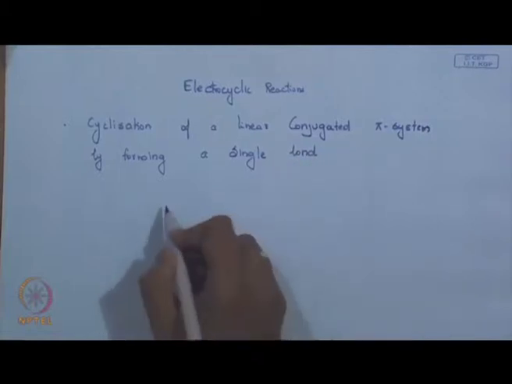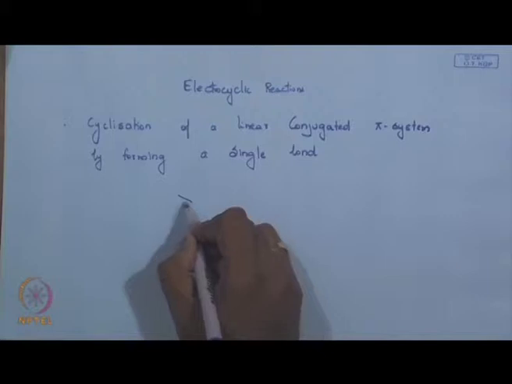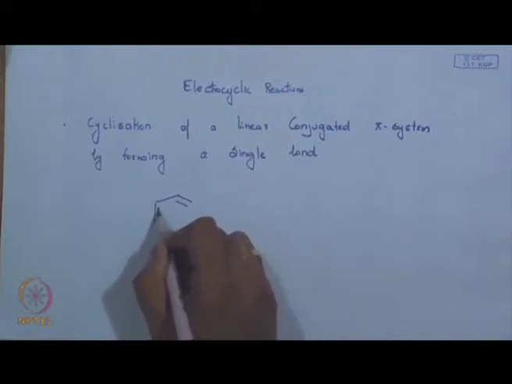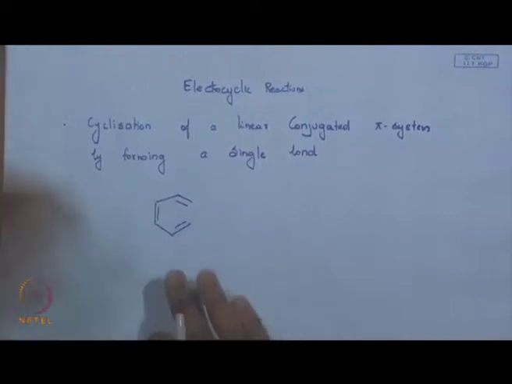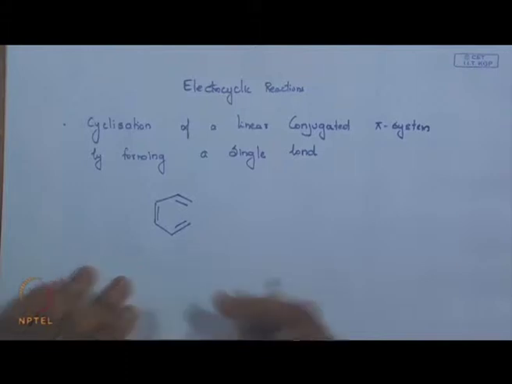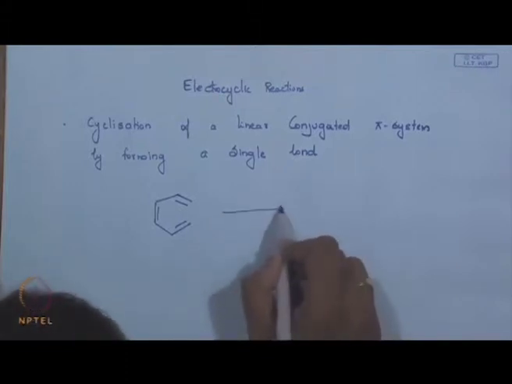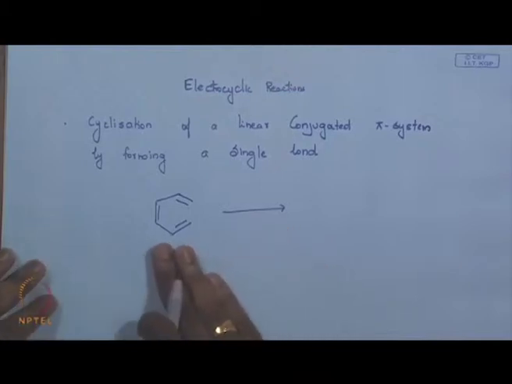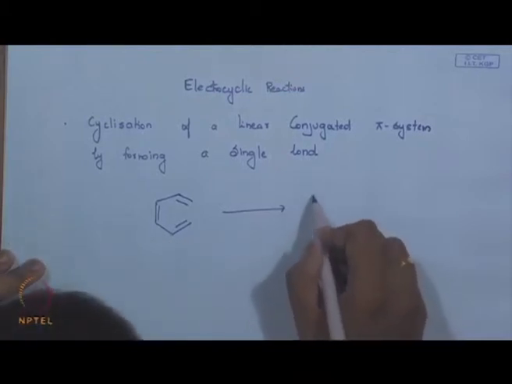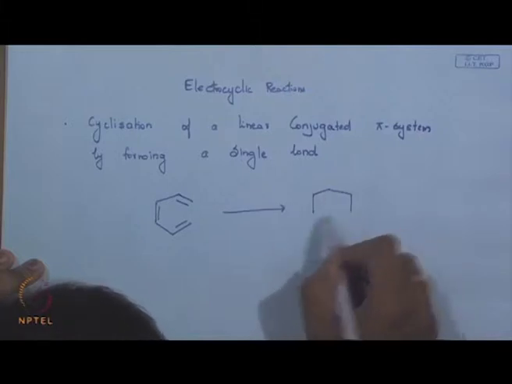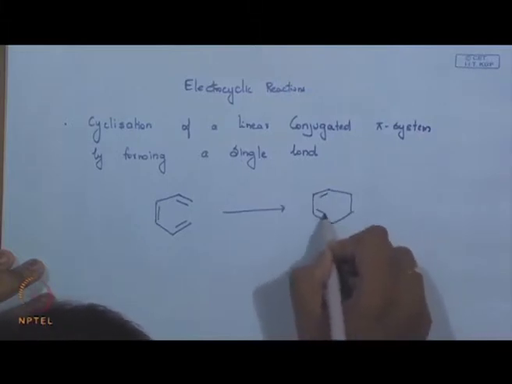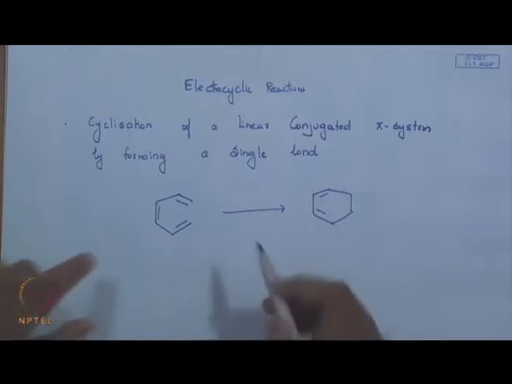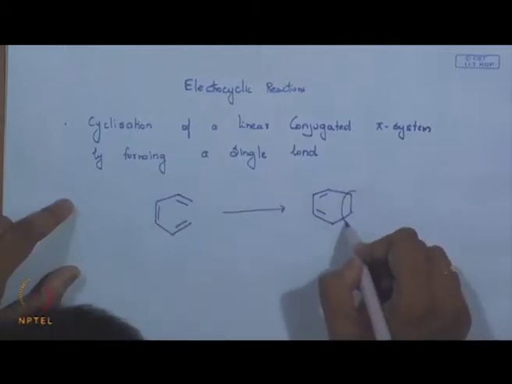If you want to show it schematically, you have a linear conjugated pi system. I will talk later about how you can do the reaction, but a linear conjugated pi system can get cyclized by forming a single bond.